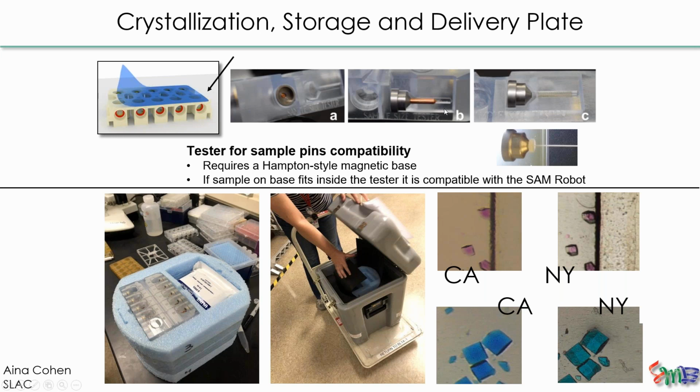We essentially put the mother liquor in below this with some agar, so it's not actually liquid, but it keeps it humid. And in fact, we've shipped samples from California to here at HWI in upstate New York, and then shipped them back. And the crystals last beautifully.